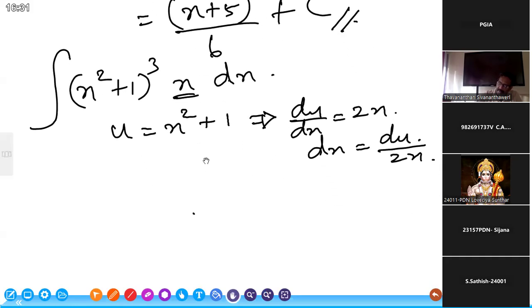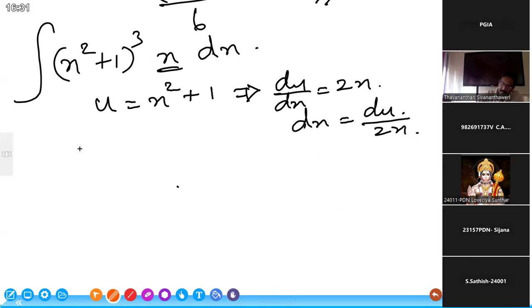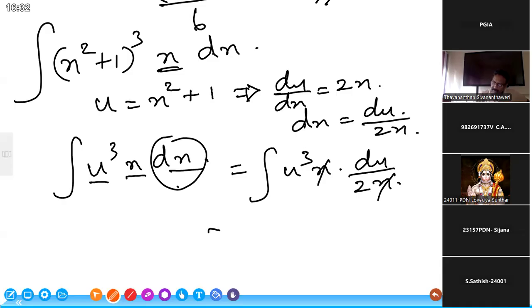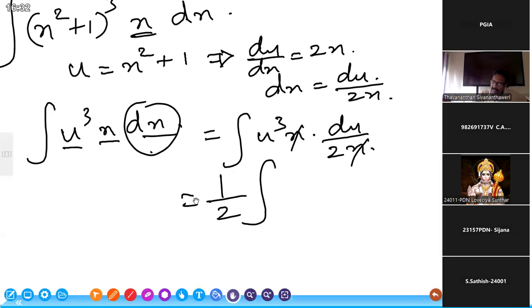Keep that aside. Now we can rewrite it as u to the power 3 x dx. So this is in x, this is in u, this is in x. So we know that we can replace this by du, so that integration of u to the power 3 x into du by 2x. So here x cancels off, so that I can bring 1 over 2 in front of the integral sign.